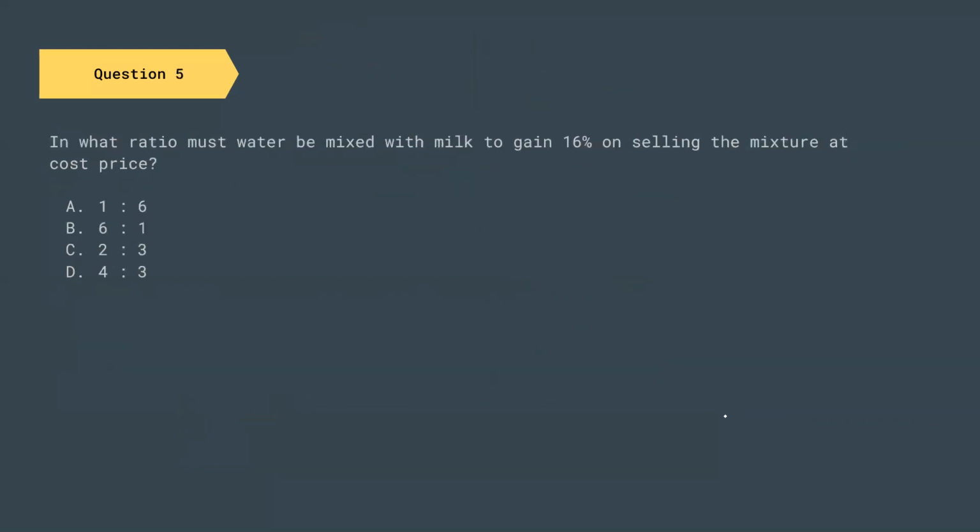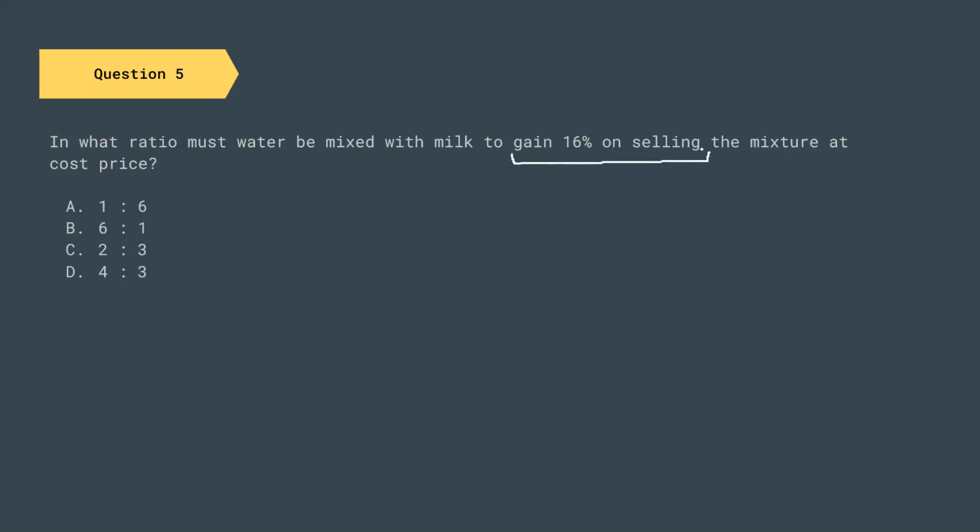In what ratio must water be mixed with milk to gain 16% on selling the mixture at cost price? The milkman is selling the milk at the cost price, but while selling the milk at cost price, he is gaining 16%.